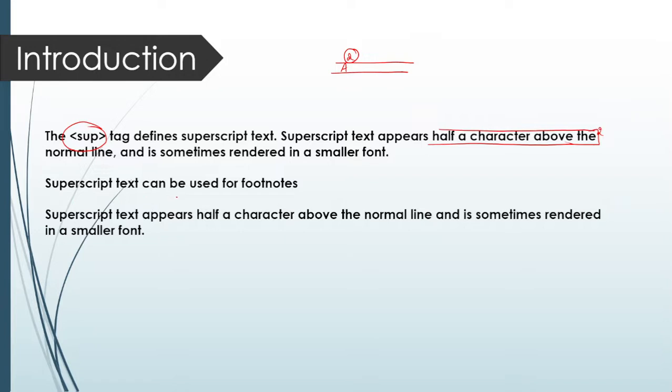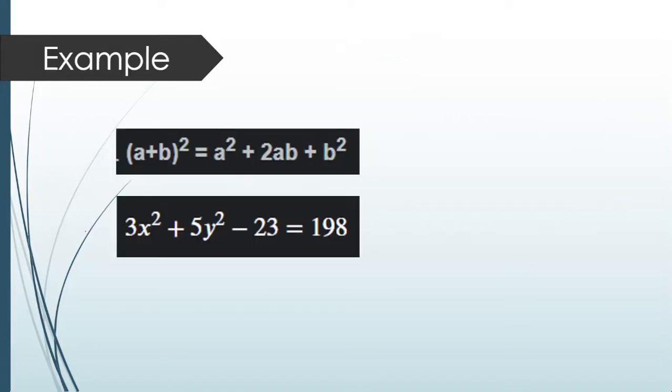Superscript text can be used for footnotes, and these texts appear half a character above the normal line. If we want to add something above this normal line, we always use the superscript tag, and it is sometimes rendered in a smaller font.